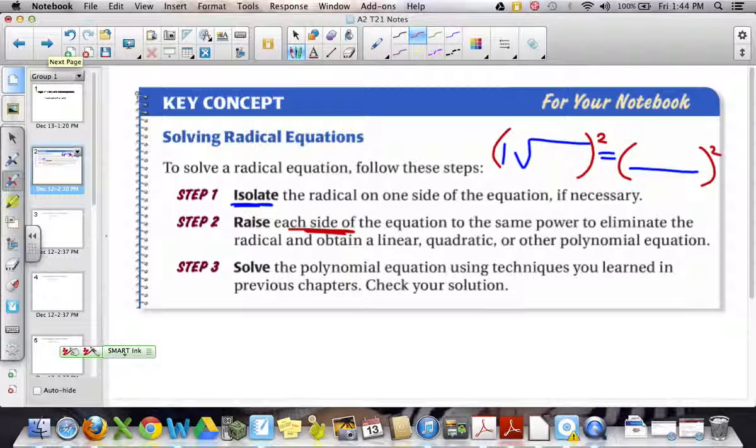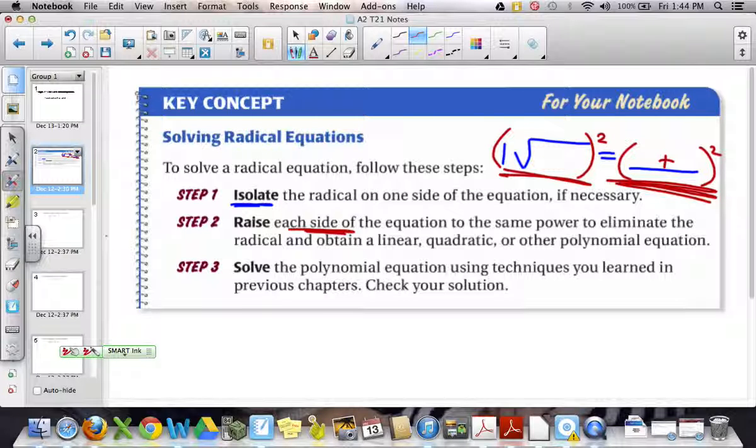It's important that you take the entire side on both sides and raise them to the same power. This becomes really important, especially when we have multiple terms on that side and we square it. We have to be very careful so that we're not just squaring each term, but actually squaring the entire side, so actually taking it and multiplying it by itself.